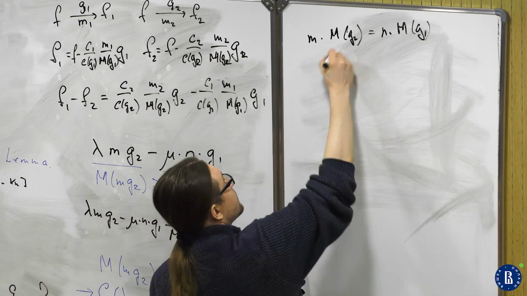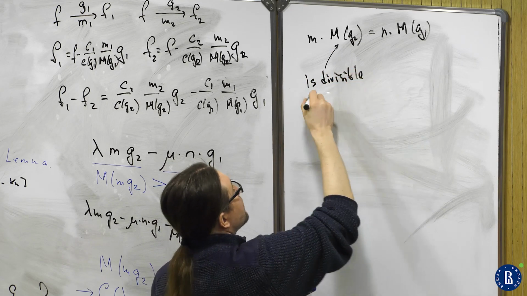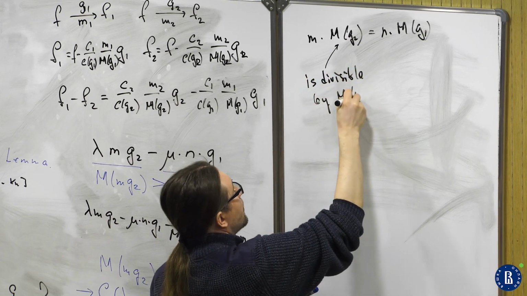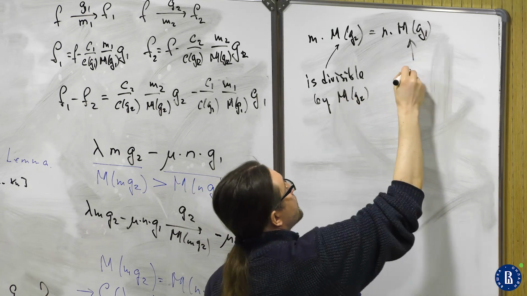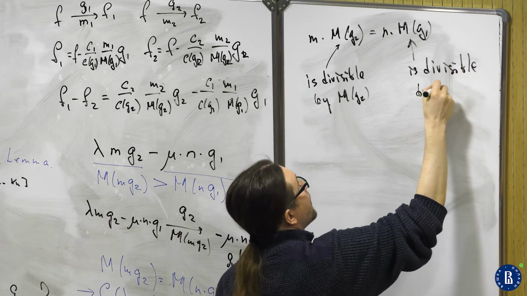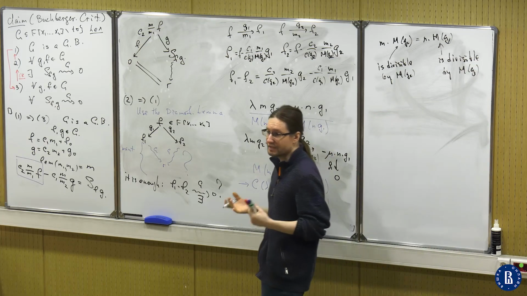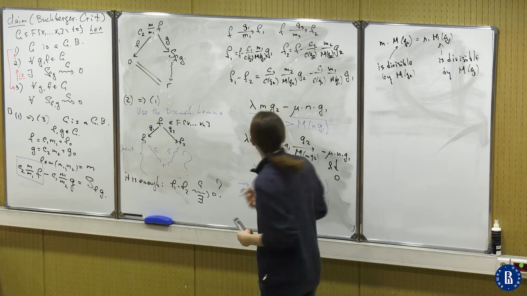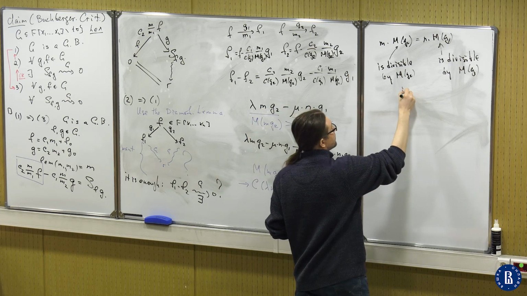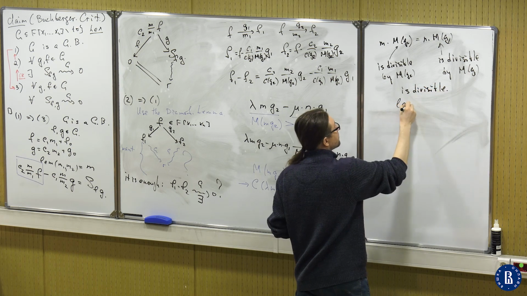So this is divisible by mg2, and this is divisible by mg1. So that's why it's divisible by the least common multiple of these 2 guys.